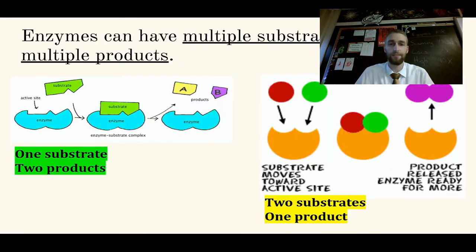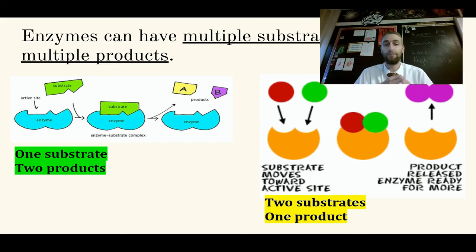Oh, products again. Great. Here's where it gets a little more tricky because there are different enzymes for all different kinds of reactions. Sometimes you might have one substrate that gets broken apart into two products. Sometimes you might have two substrates that get put together to make one product. Sometimes you might even have one substrate that just gets altered to be one product that's different than you started with.